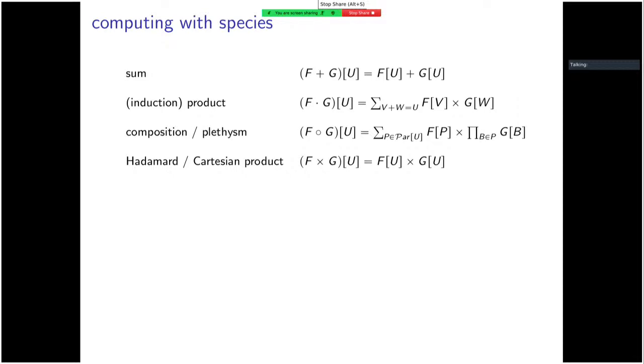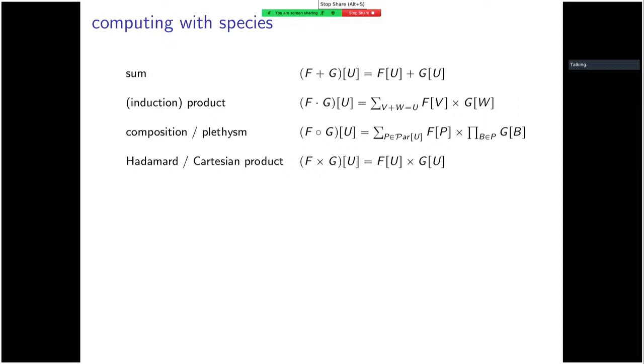Okay, and these two are very nice operations on species. The most interesting operation is plethysm or composition. So we can say what it means to apply one species to another, F of G. An F of G structure is obtained as follows.